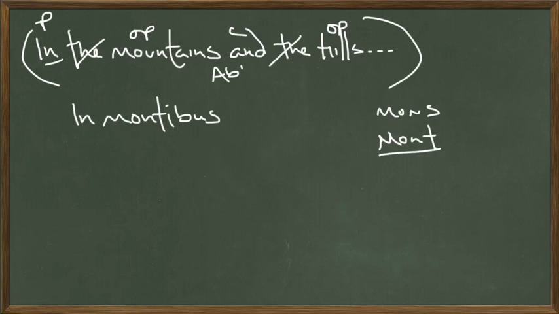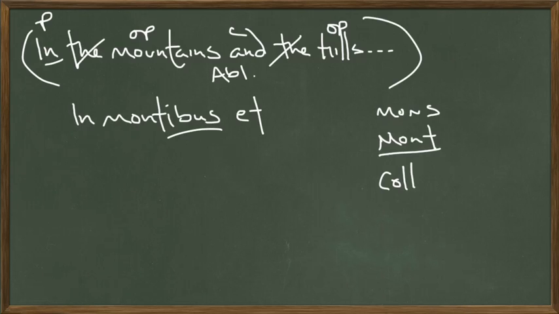This whole prepositional phrase would go into the ablative case. So in montibus et, and then we could say in the hills, or we could leave the preposition out since we don't have the preposition in English. It's going to be the same ablative plural ending.